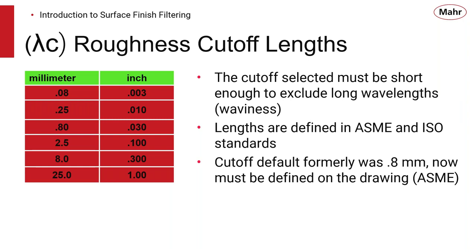But in today's world, we want to have people put that cutoff length as part of the surface roughness parameter, so that if a person is going to measure the surface roughness, they know precisely what to set the roughness filter at, so everybody gets the same reading. So there's a whole table of different cutoff or filtering lengths which are established in the standards.